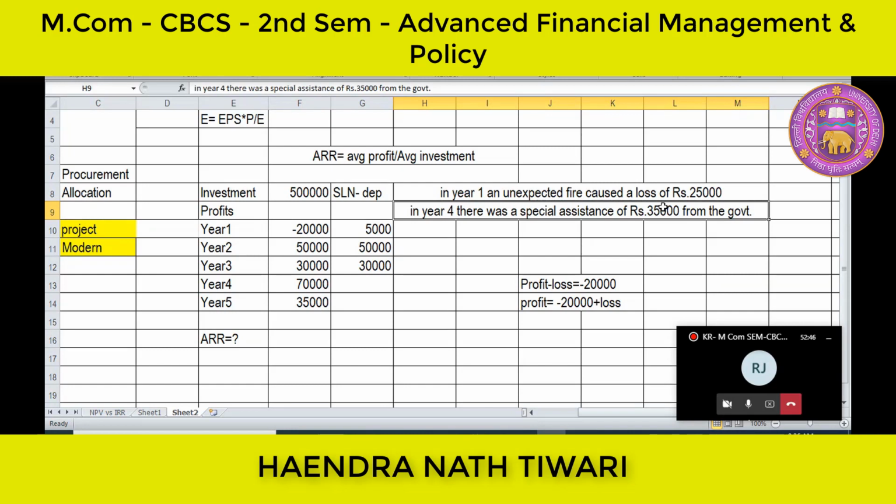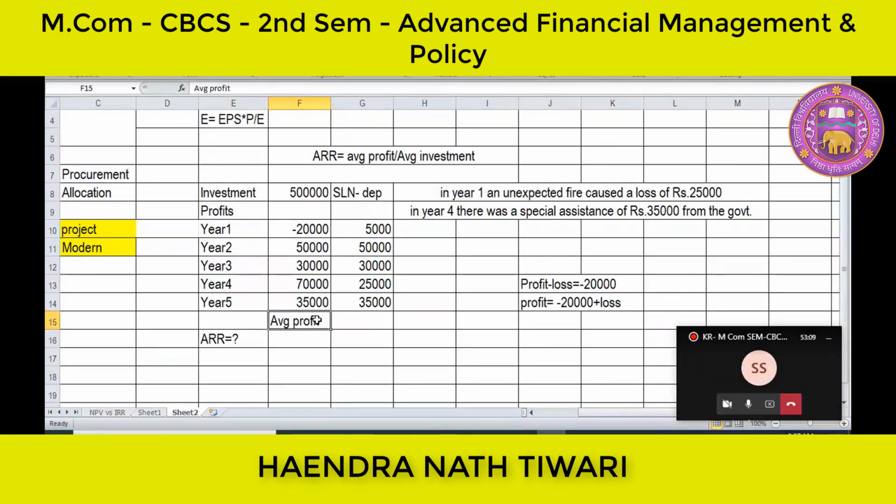So you need to control for these extraordinary items. So the reported profit here should be 25,000 net. Right? And then 35,000. What is the average profit? So special assistance should not have been added.